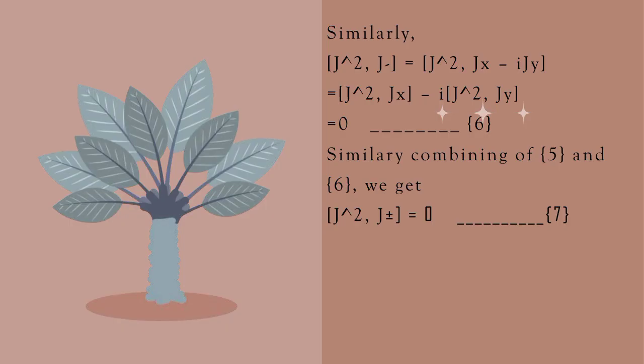And similarly the relation between [J squared, J minus] is equal to [J squared, Jx minus iJy], which is equal to [J squared, Jx] minus i [J squared, Jy], which is equal to 0. Similarly, combining the two, we get [J squared, J plus or minus] is equal to 0.